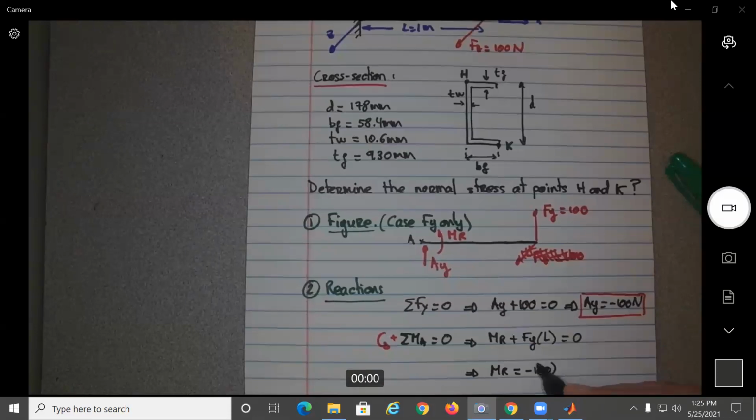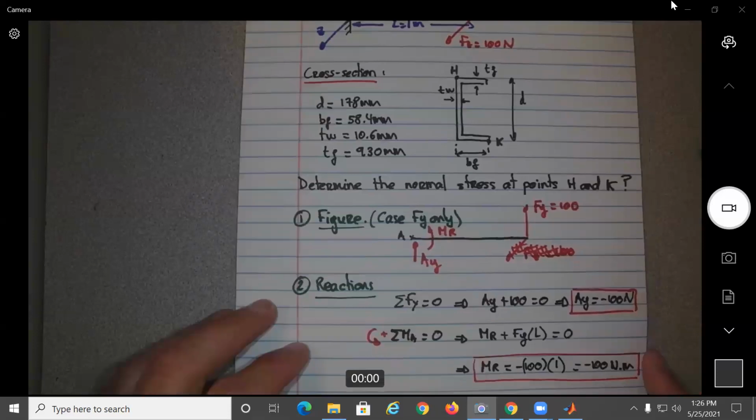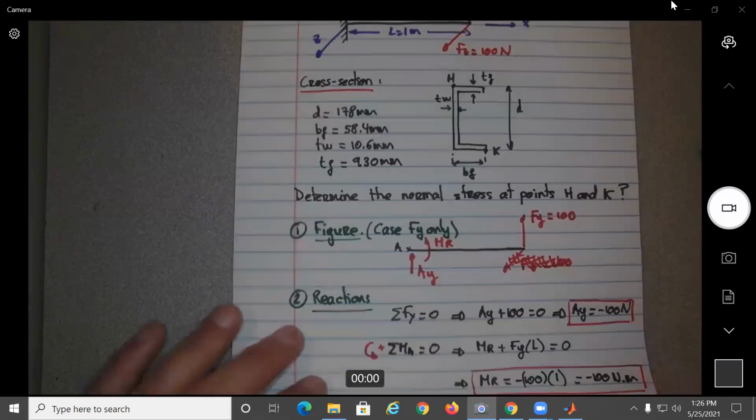So it's minus 100 times 1, so equal to minus 100 newton meters. All right, so we have this now.